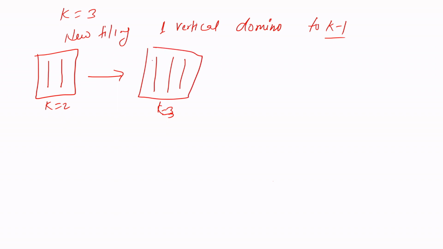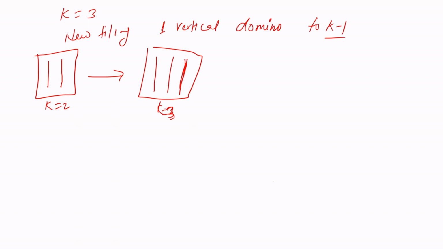Got it? Now because we have added one vertical domino to k minus 1, this was only 2, now k equal to 3 means we have to add one vertical domino in this one, right?